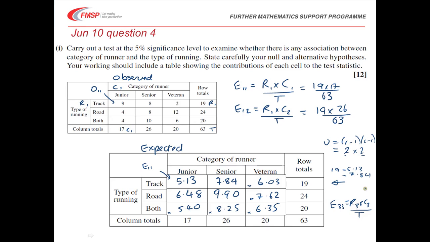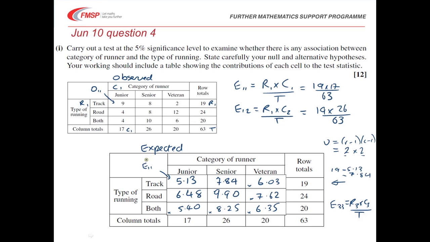Okay, it's a really important thing to make sure these tables are correct, because it's going to cascade through and you're going to get compounding errors. So by understanding this concept of degrees of freedom, it gives you a quicker way of filling in the table, which is good, but also gives you a check mechanism as well, which I think is a very, very sensible thing. So you're going to get 3 marks for doing this table.